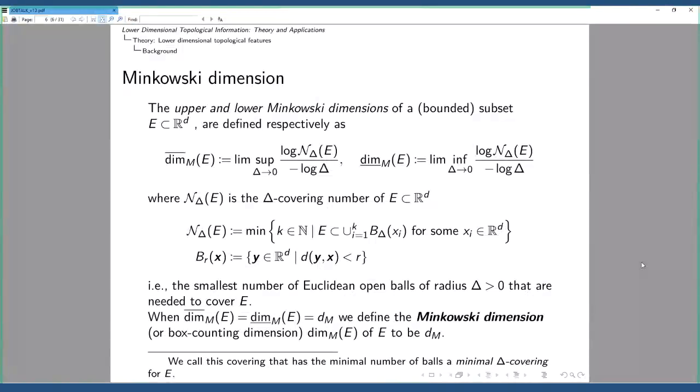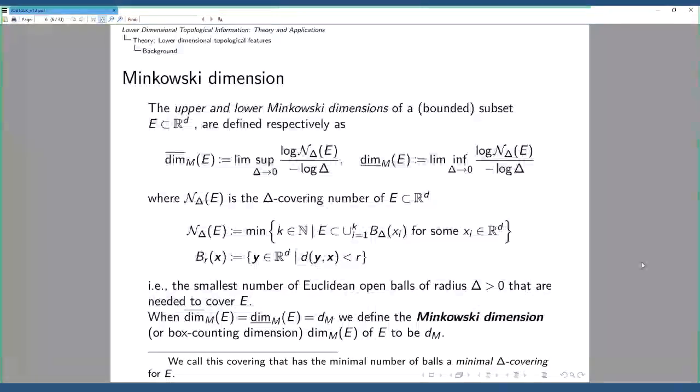So for a covering consisting of open covering balls of radius delta, we can define a minimal covering number. Intuitively, it means the minimal number of covering balls we need to actually cover such a set E. Notice that now we're using open covering balls. If you're using closed covering balls, the definition will be slightly different.